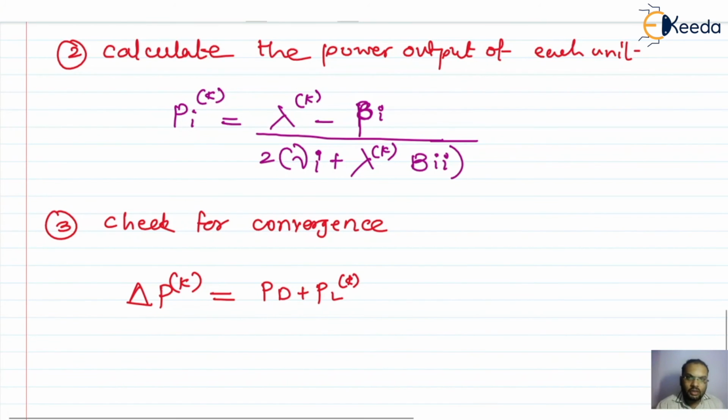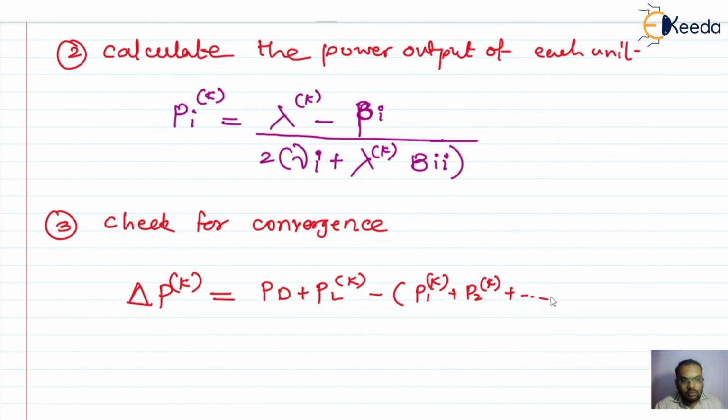Again I am writing power loss in the kth iteration because the power loss is written in terms of the power output of the generators, and the power output changes with each iteration. As the power output changes, the power loss changes. So for the change in power, you check this minus P1 in the kth iteration plus P2 in the kth iteration up to Pn in the kth iteration.